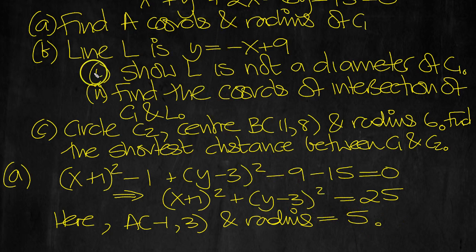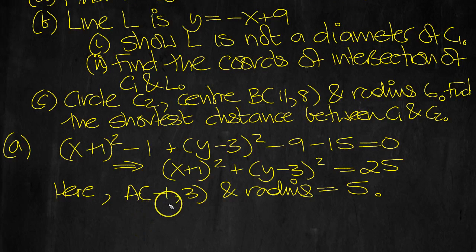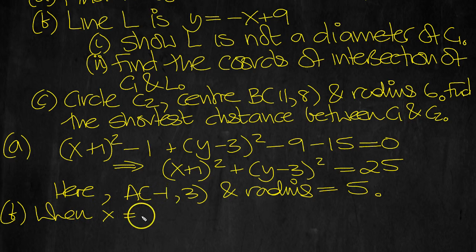Okay, that's part A. Line L is this. Show that L is not a diameter of C1. Well, we need to show it doesn't pass through the center. Part B. When x equals minus 1, y is x, which is minus 1, plus 9, which equals 10.